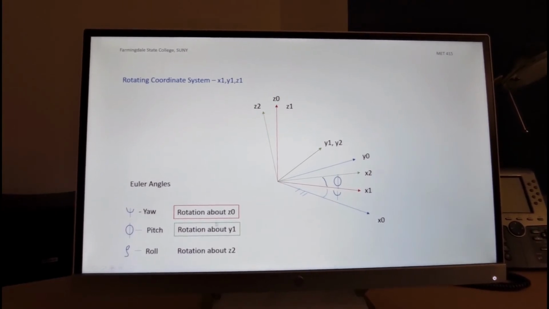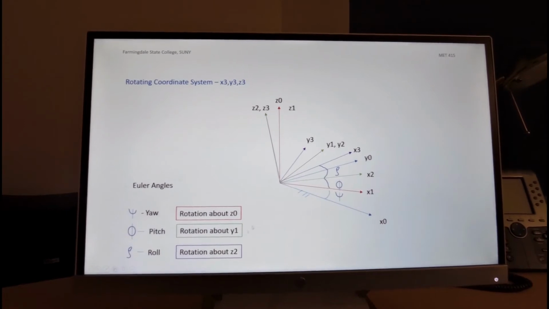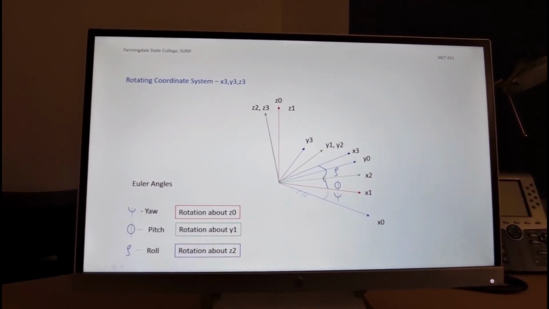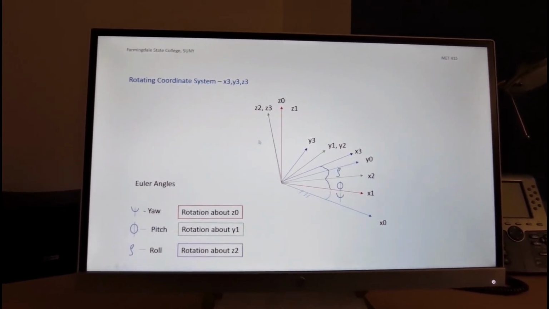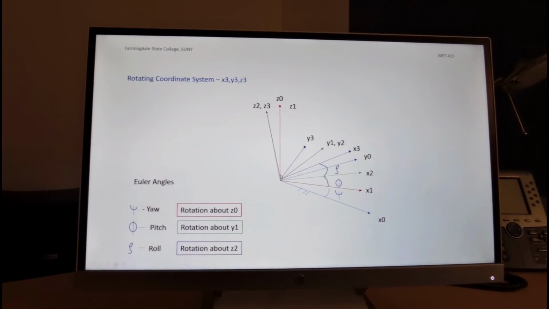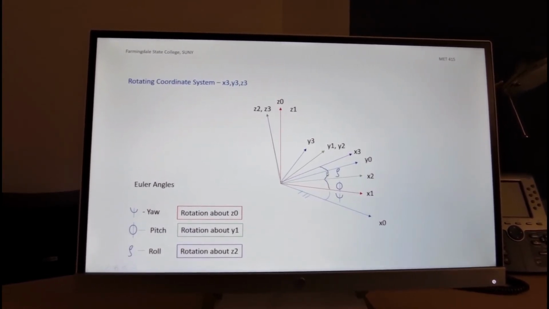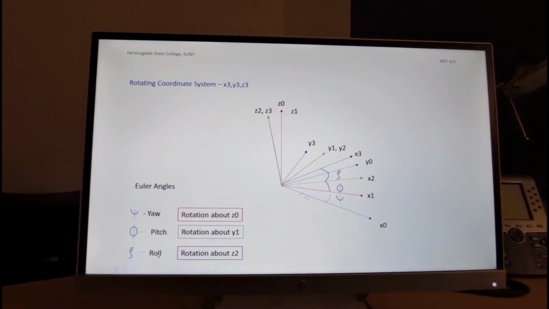And the last coordinate system is the roll, and if we take the x2, it looks a little bit complicated here, and we rotate it about the z2. In other words, z2 now is fixed, and we take x2 and we rotate it an angle rho, and rho is standing for roll.